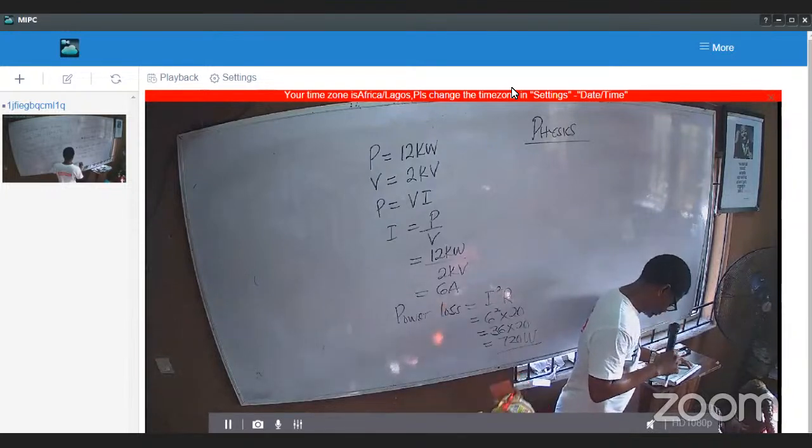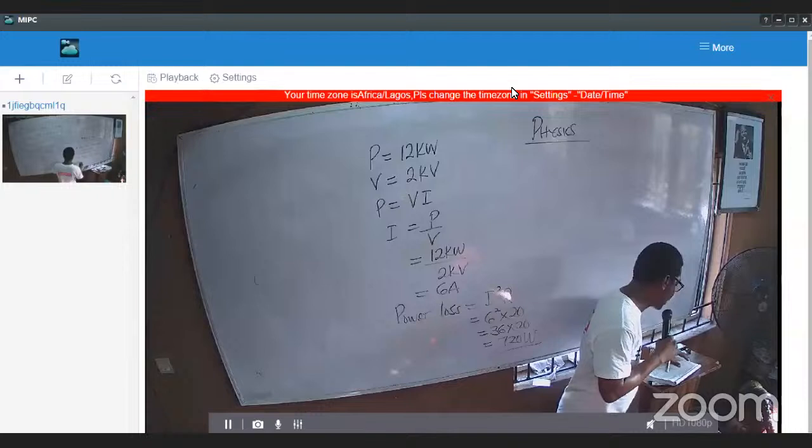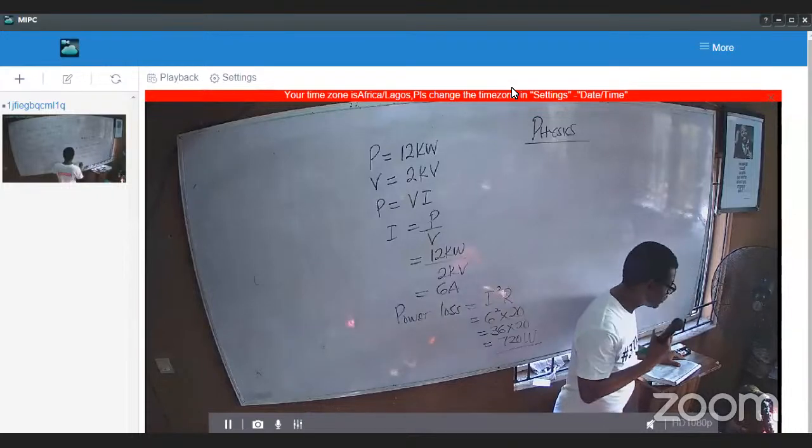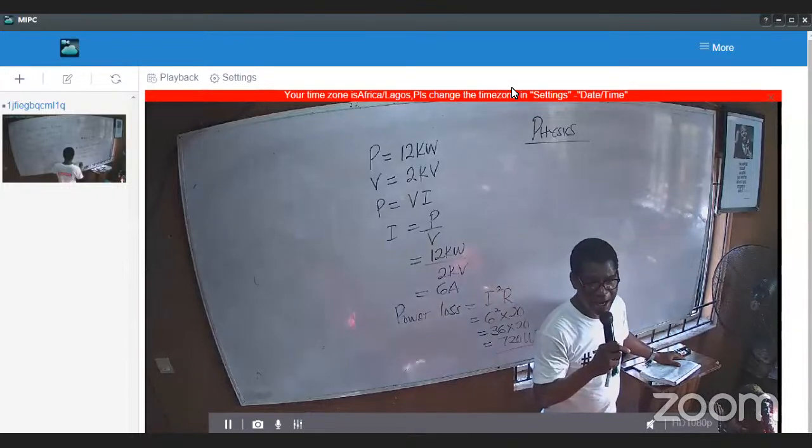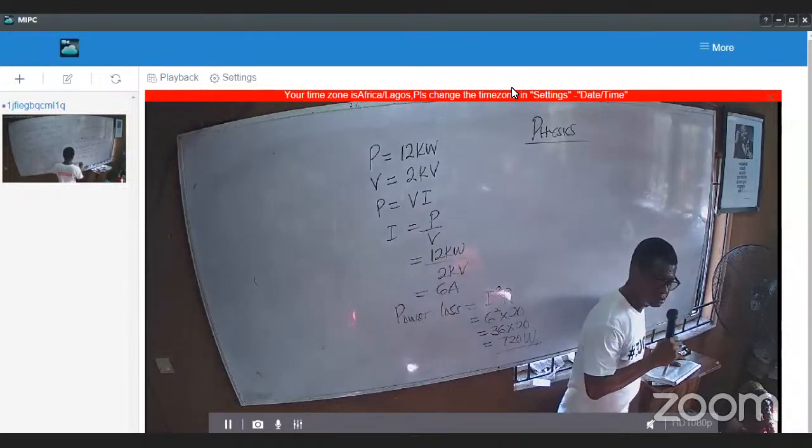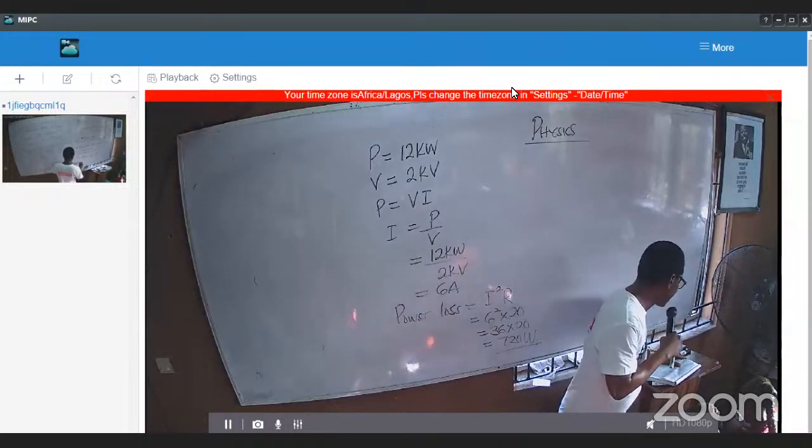Number 1, the brown wire is the live wire.